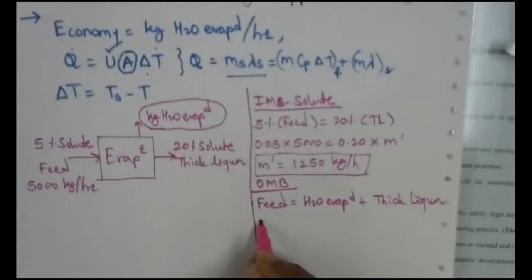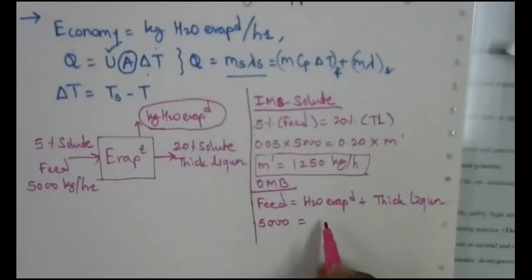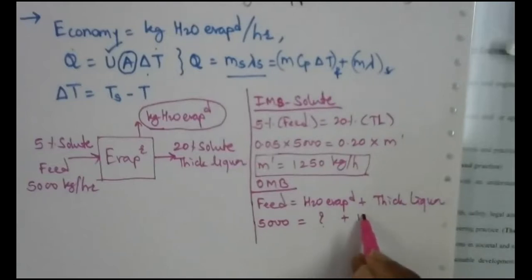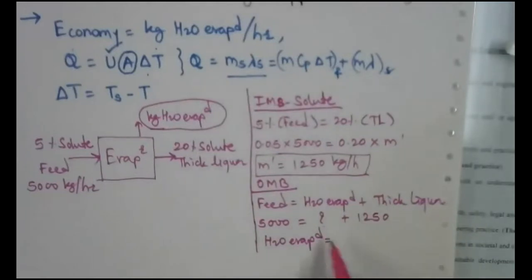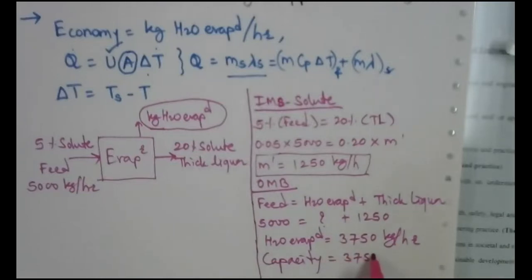So the feed is given 5,000 kg per hour equal to water evaporated, that is unknown, and thick liquor is 1250. So we can calculate water evaporated as 5,000 minus 1250, that is 3750 kg per hour, and that is nothing but the capacity of this evaporator.